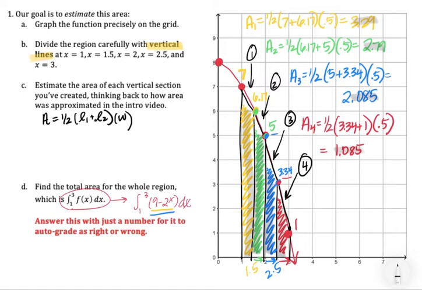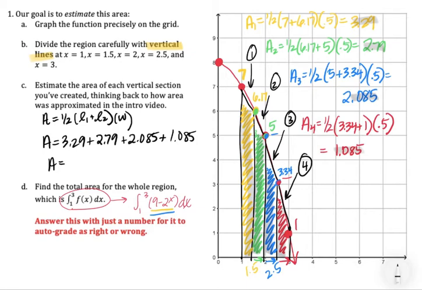Let's add them up. So the total area is going to be that 3.29, the first trapezoid, plus 2.79, the second trapezoid, plus 2.085, the third trapezoid, plus 1.085, the final trapezoid. So what is the total area?